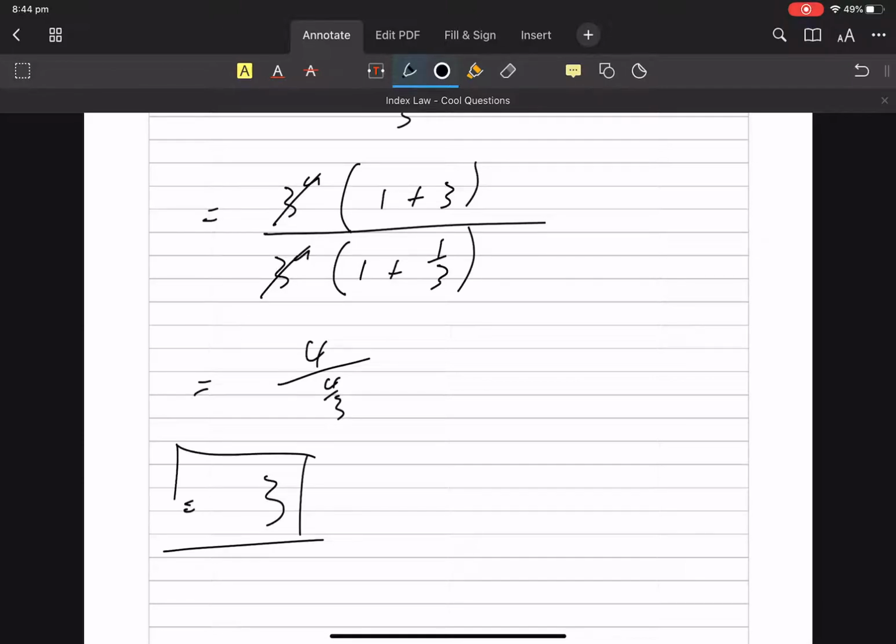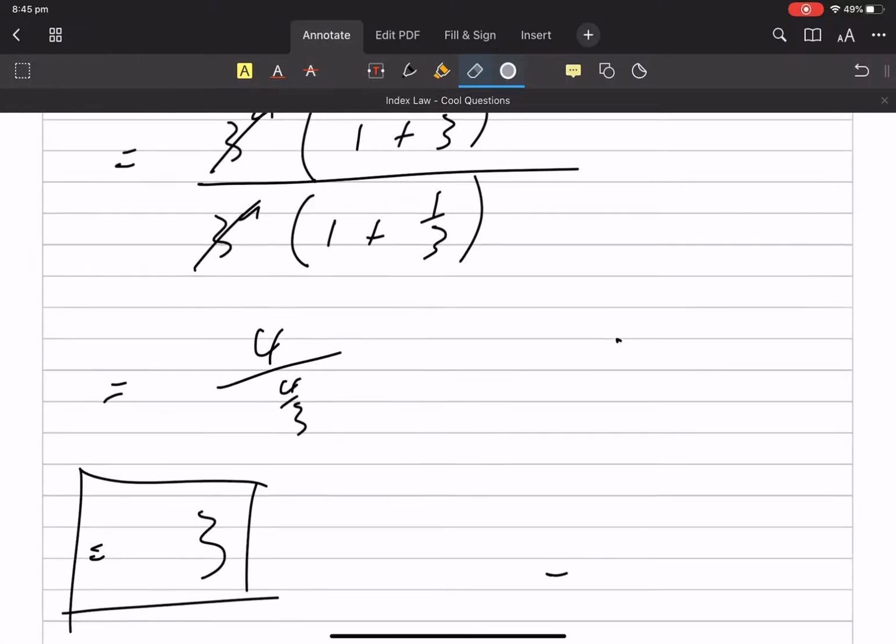Are you okay with that? 4 divided by 4/3 is 4 times 3/4. 1 times 3 is 3. Yes, fractions core skills. Love them.